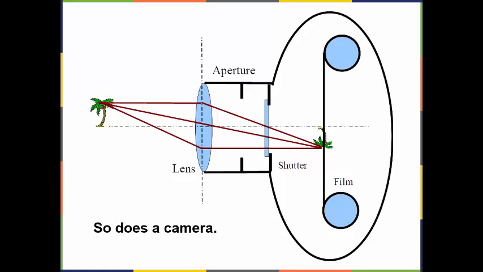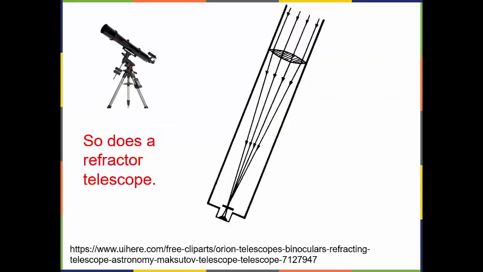And we'll talk more about that later. And refractor telescopes also use a converging lens. So they take a faint amount of light that's parallel, that's all coming in from a star, and then it converges that light onto a focus. And we end up with a smaller upside down image of the star.